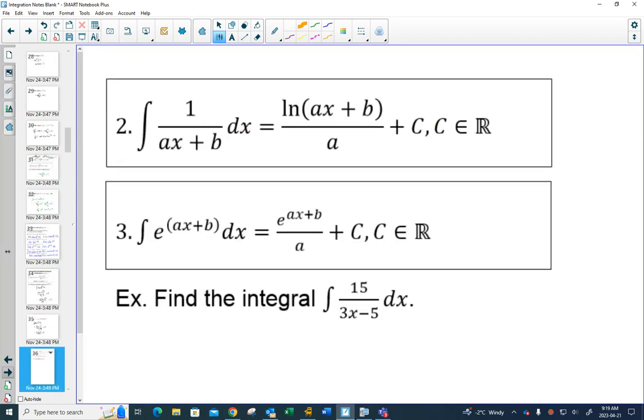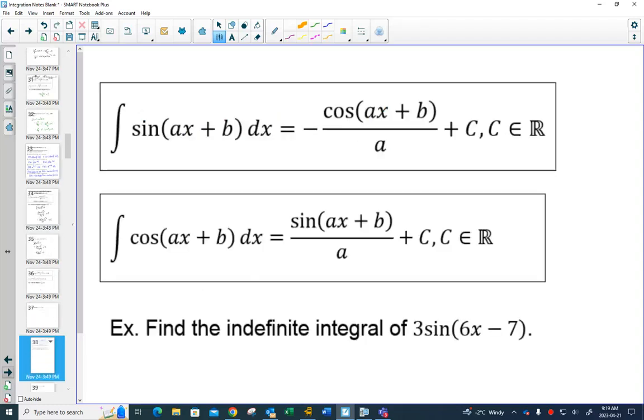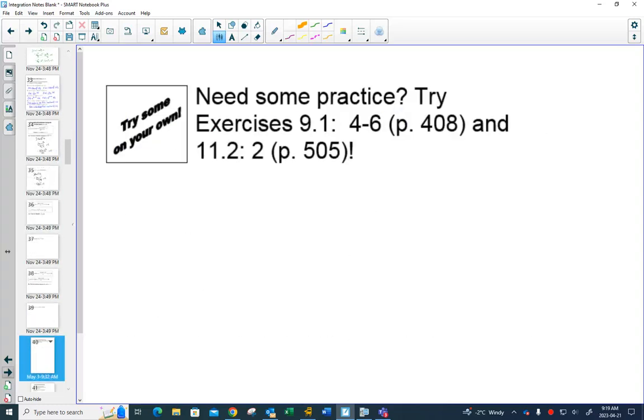And so we could do this with natural log, e to the x, sine and cos as well.